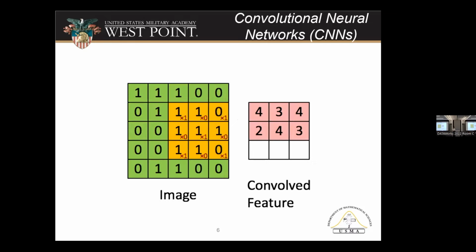CNNs maintain the integrity of the spatial features in an image. What it does is it takes a kernel, shown in orange here, a matrix of weights, and overlays it on the image, shown in green, and does a dot product. It extracts different features from the image and creates what we call a convolved feature. We do this over and over with multiple layers to extract different features.